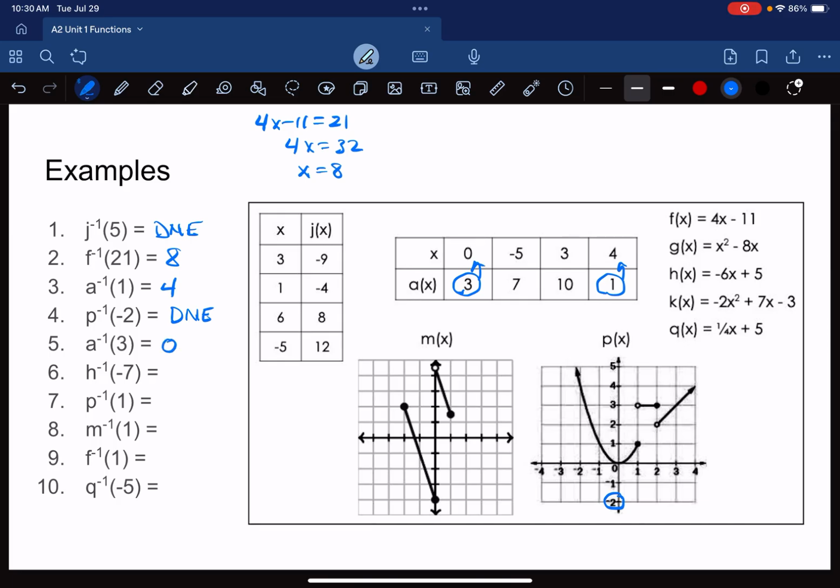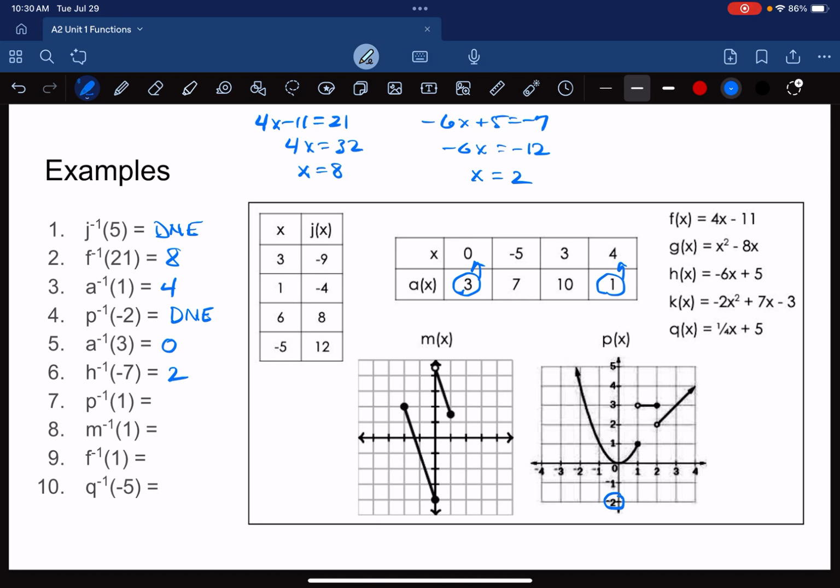h inverse of negative 7. So I'm going to take h and set it equal to negative 7 and solve. I'll subtract 5, and then I'll divide by negative 6. And I'll get 2. P inverse.